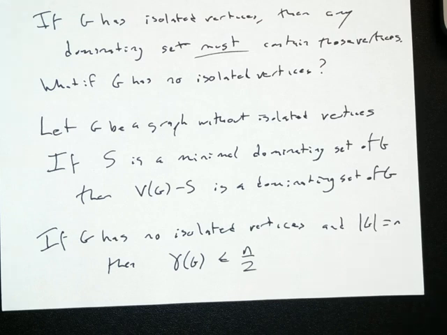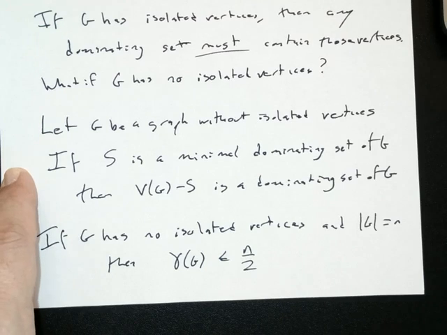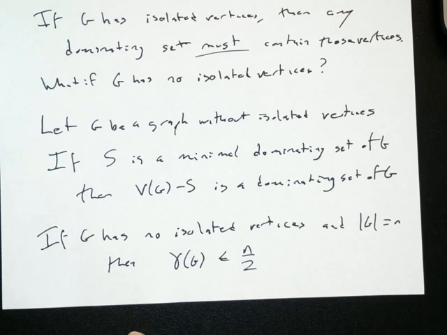If I have a minimal dominating set, well, every minimum dominating set is minimal, right? So let's pick the smallest dominating set we can, a minimum one. Then V(G) minus S should be smaller than S. If it's not, then I have a smaller set that's dominating.